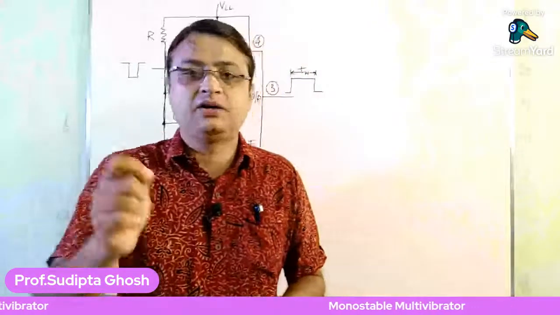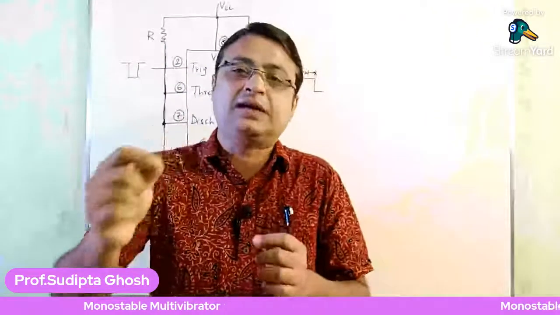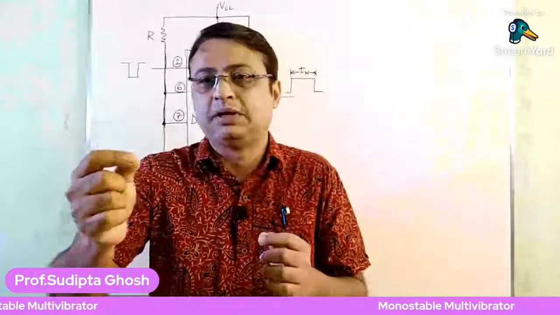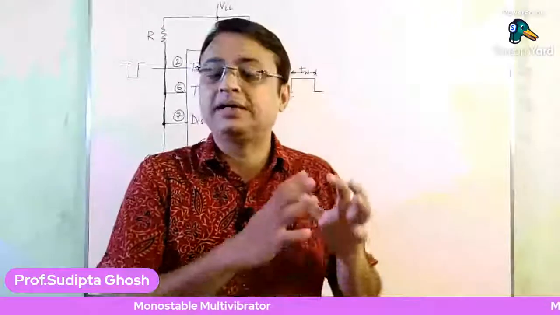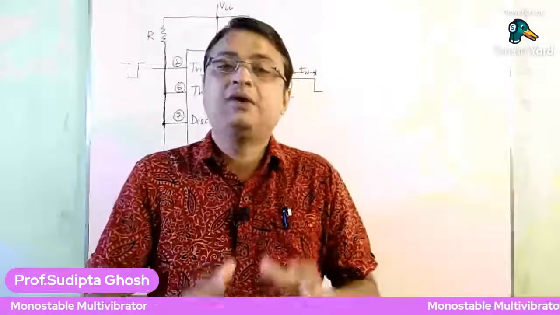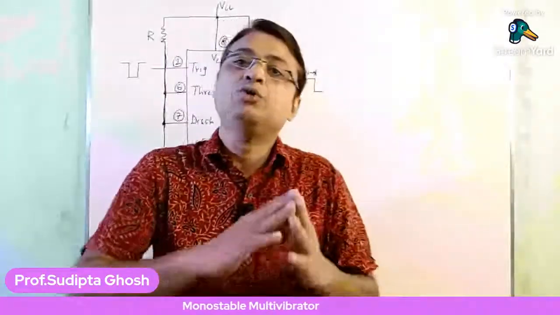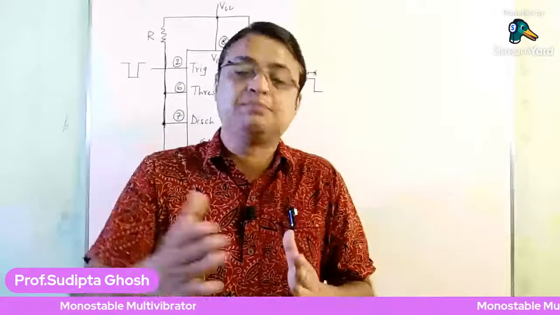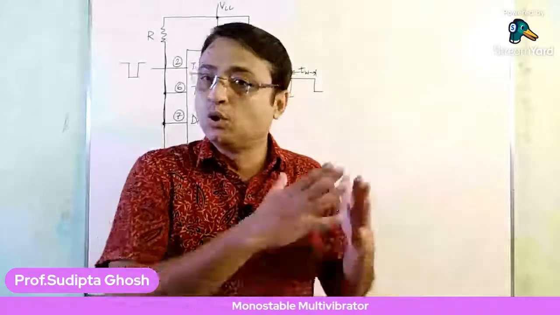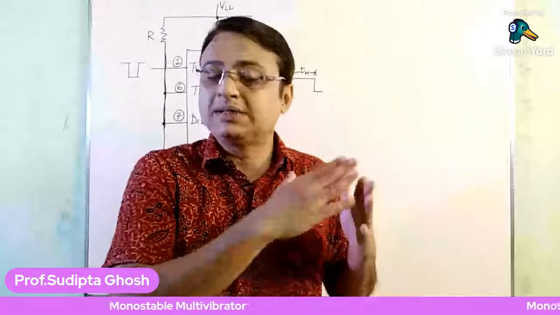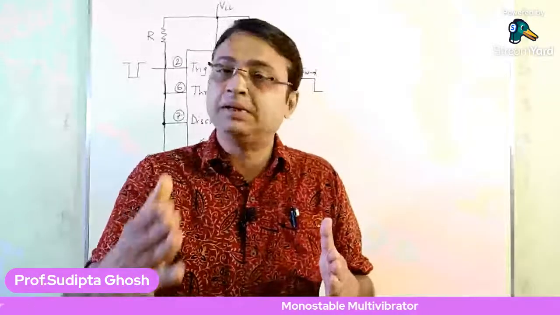For the transition from the stable to the quasi-stable state, this multivibrator circuit requires a trigger. That is a pulse which is required to make this monostable multivibrator circuit transit from the stable to the quasi-stable, or unstable, state.